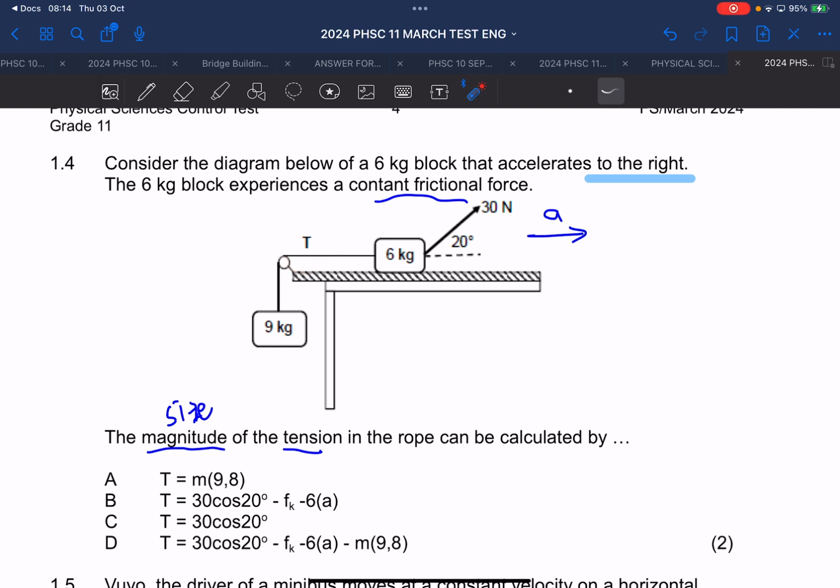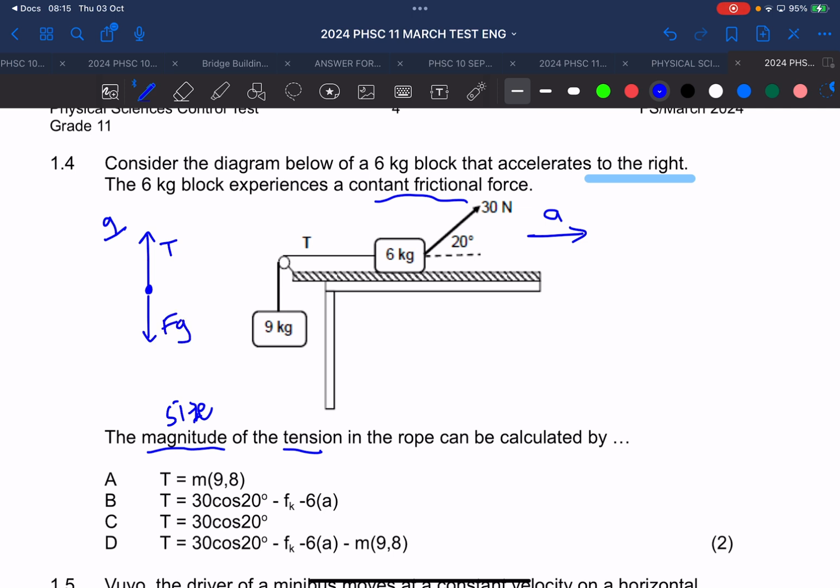Okay. Now, you are quickly going to draw what, Tsepo? The free body diagram. Yes. Now, since we have 2 objects, I'm going to draw 2 free body diagrams. For the 9 kilogram, there I have tension going up and I have the weight going down.